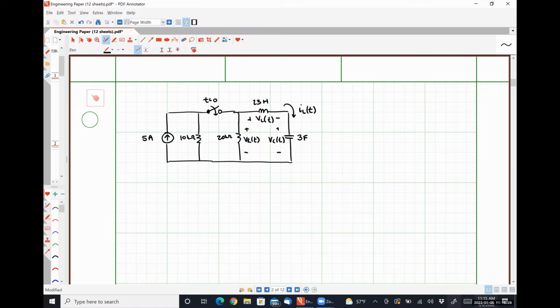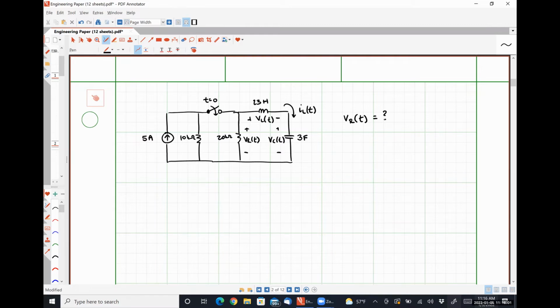Okay. So let's figure out what our quantities of interest in this problem are going to be. I'm going to say for sure that I want to know what my resistor voltage V of t is, and we'll talk about how to solve for that quantity based on what you tell me the other quantity needs to be. So your options are inductor current, inductor voltage, capacitor current, capacitor voltage.